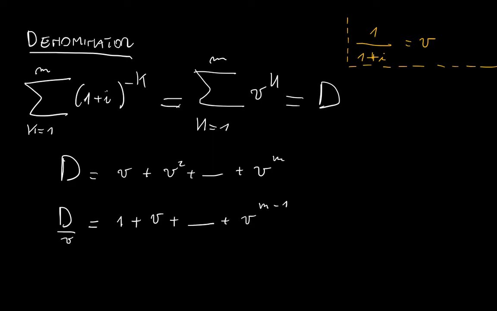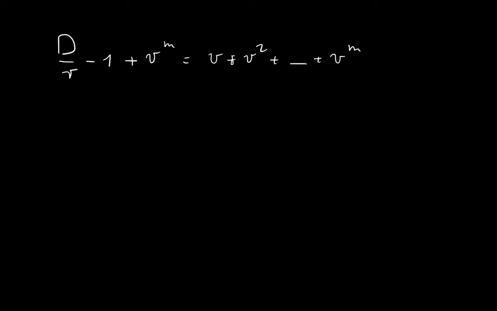Then we divide by v, and therefore all the elements are decreased by a power of 1. Then we put minus 1 to the left hand side, and we see that the right hand side is almost equal to the right hand side of the first equality, with the difference that there is no v power m. Therefore, at this stage we add v power m to both sides of the equation, and now the right hand side is exactly d.